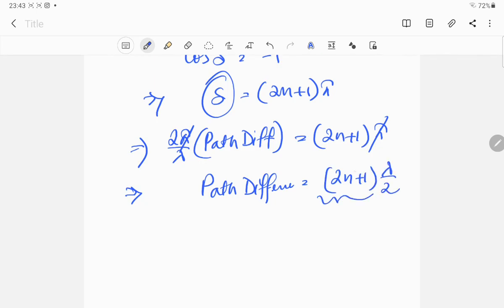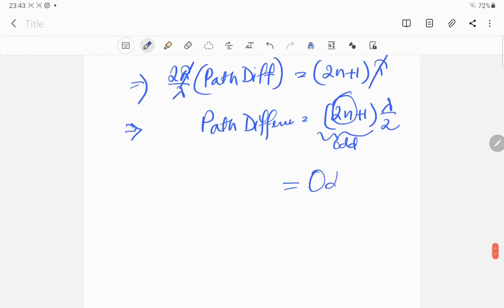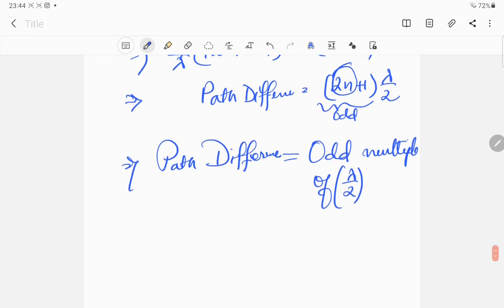So twice n is an even number, plus 1 means it is an odd number. So that means it is always an odd multiple of lambda by 2.